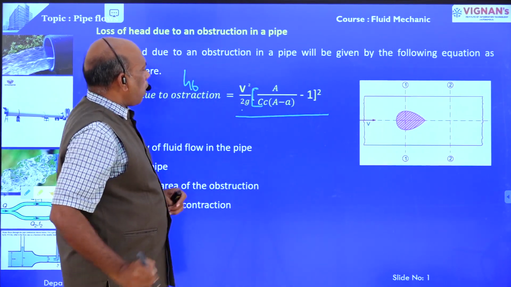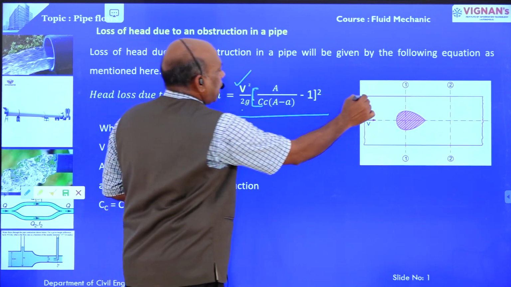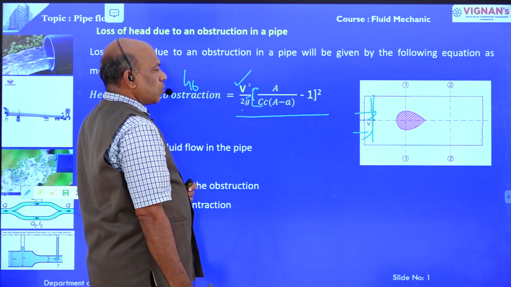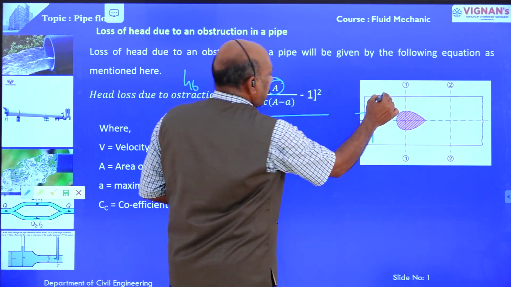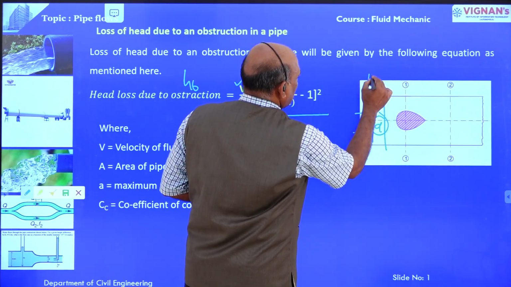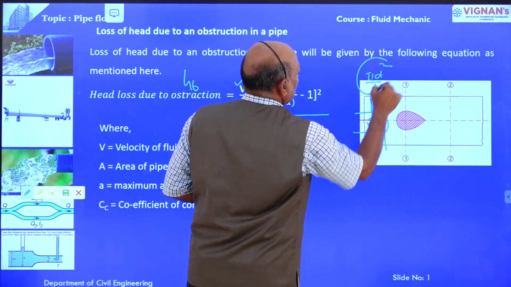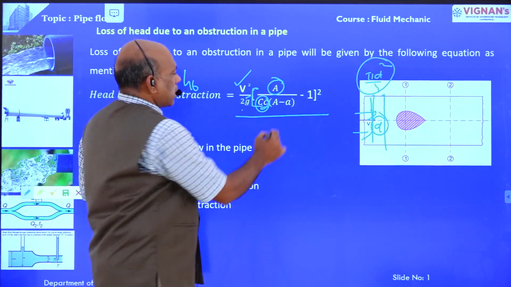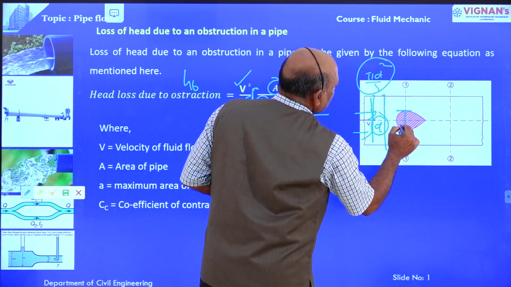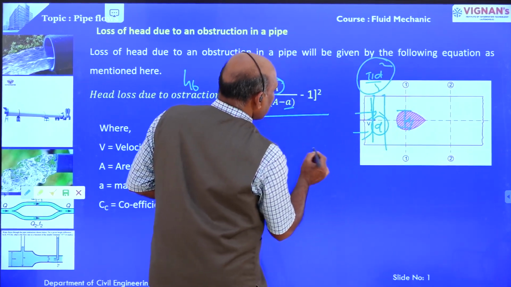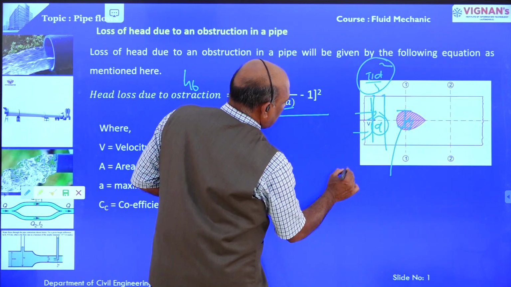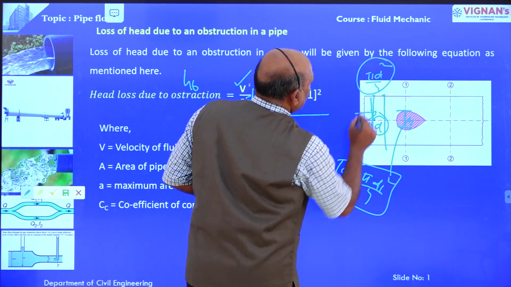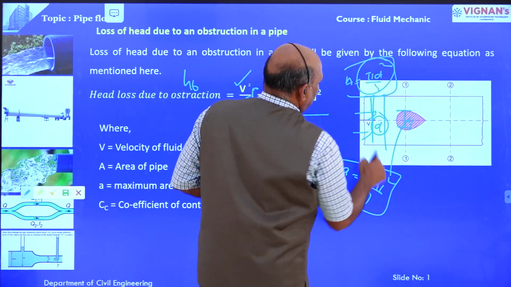Here in this formula, V is the velocity of flow in the pipe, g is the acceleration due to gravity, A is the cross-sectional area of the pipe, that is equal to pi d square by 4, Cc is the coefficient of contraction, and small a is the cross-sectional area of the obstruction, that is small a is equal to pi d1 square by 4. Pi d square by 4 is the capital A, pi d1 square by 4 is small a.